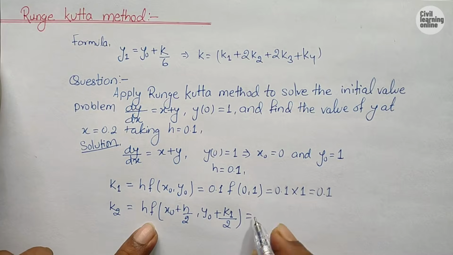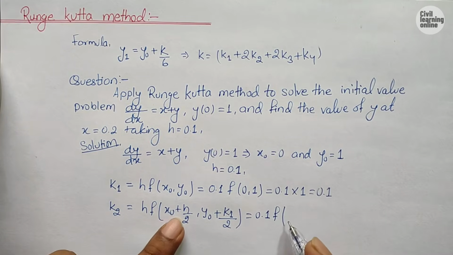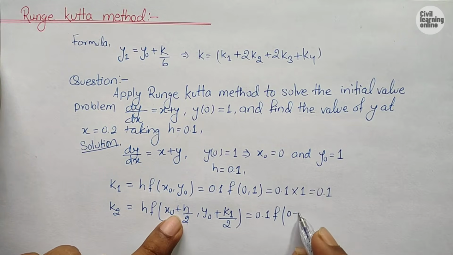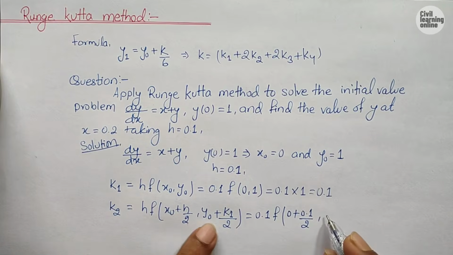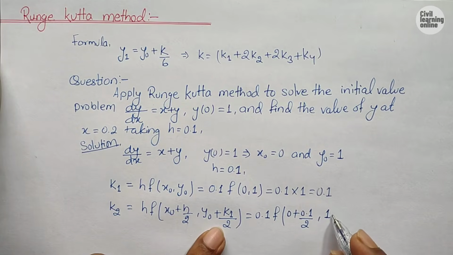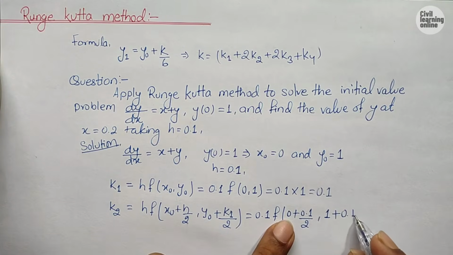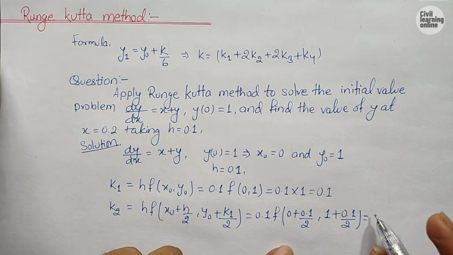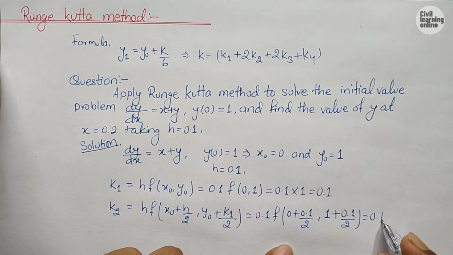Just simply put down the value here: 0.1 f(0 plus 0.1 by 2, y naught means 1 plus k1 by 2 means 0.1 by 2), and solve this and get the value of k2, which will be 0.11.